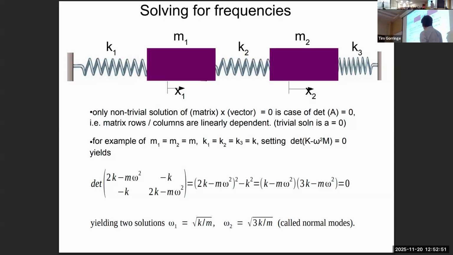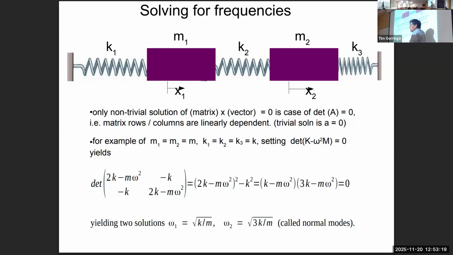You could make this vector here, that little a, 0. That immediately makes the product 0. But that's saying that you can fulfill the equation with 0 amplitudes for the oscillation. So it completely solves it, but it's completely uninteresting.